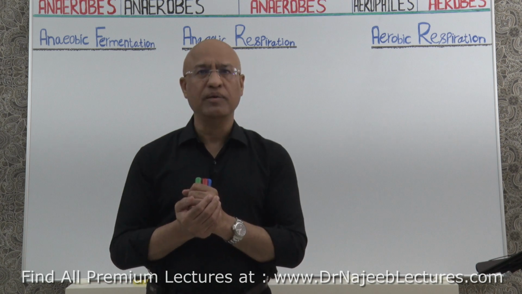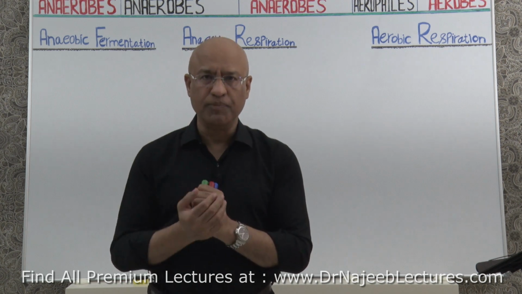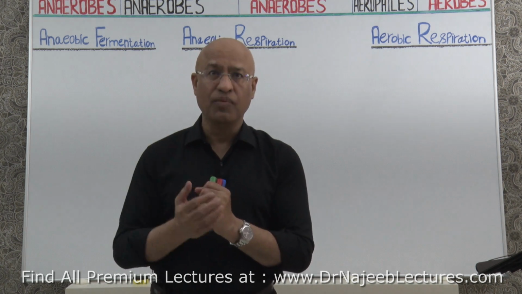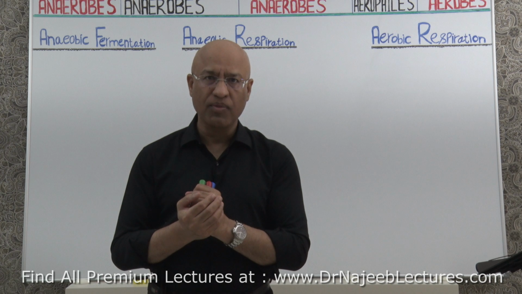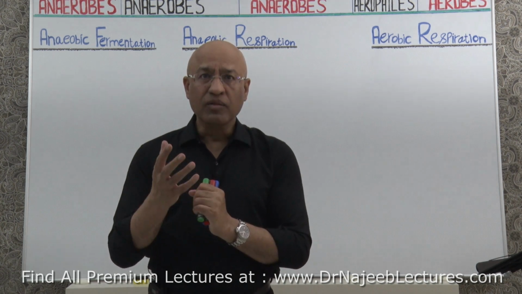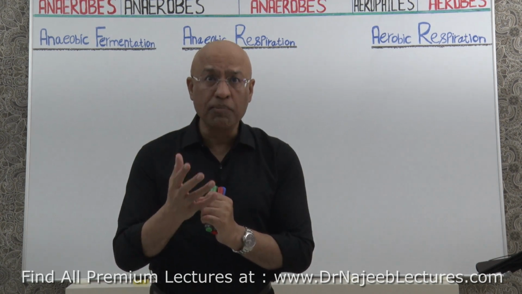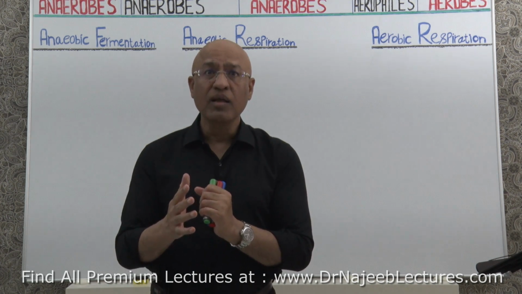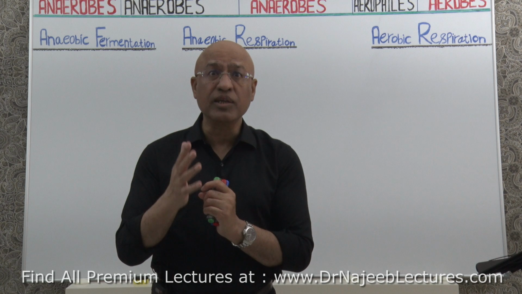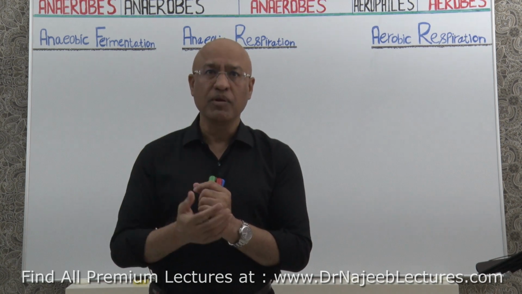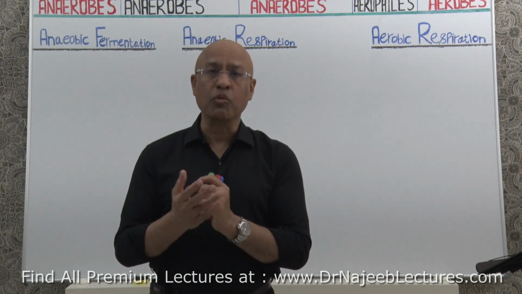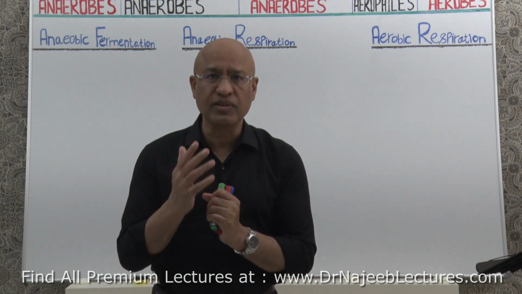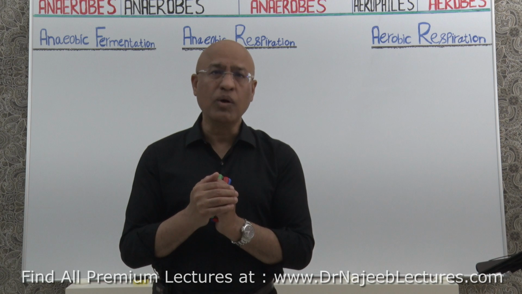So what happened? During evolution, all organisms were forced and selected in such a way that they should develop defenses against oxygen derived reactive radicals or molecules. They should have defenses against what?